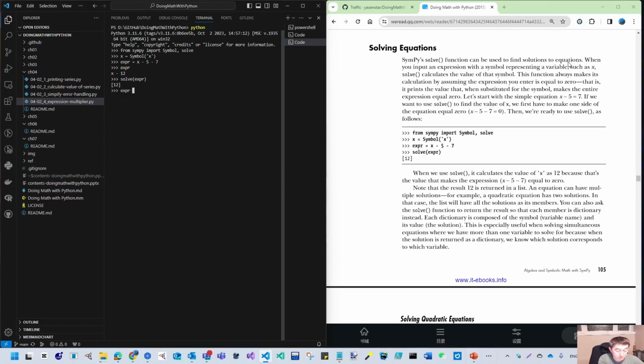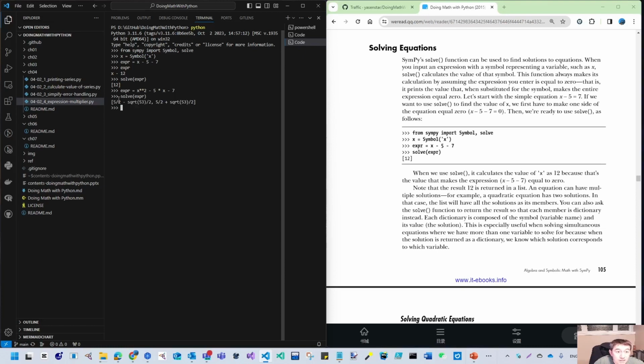But if I set the expression equal to x squared minus 5 times x minus 2, that is a quadratic equation. For this, x should have two results. So let's do the solve.